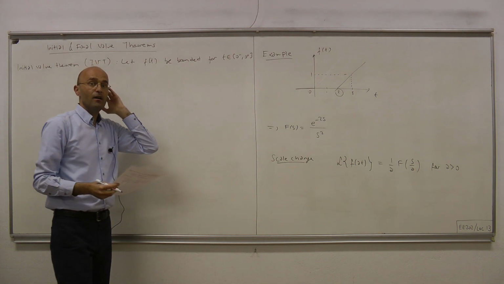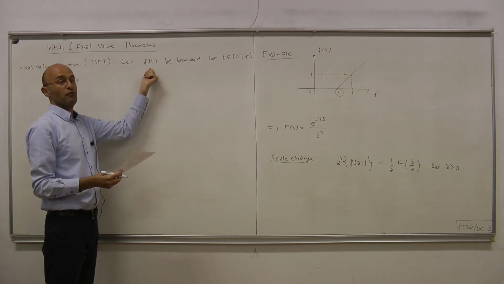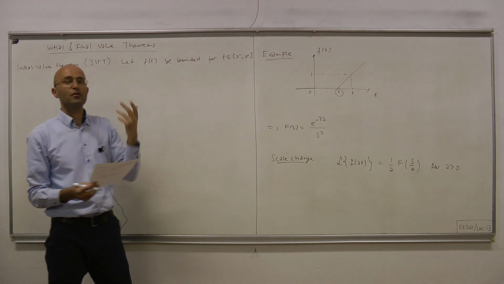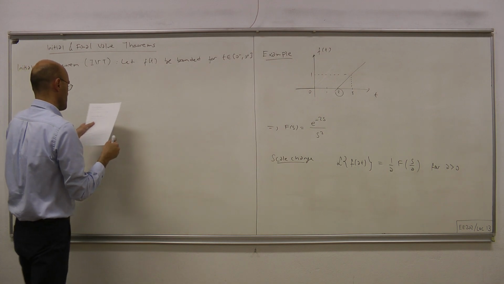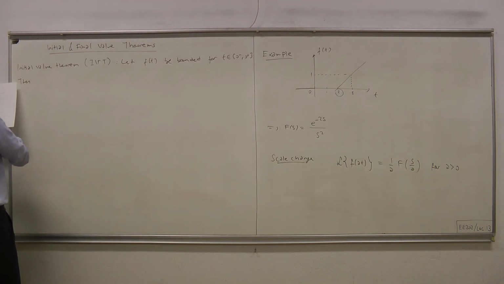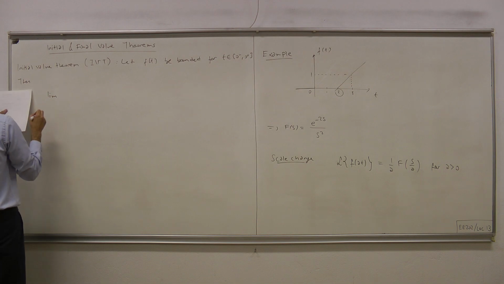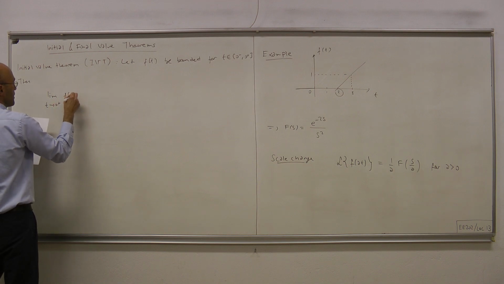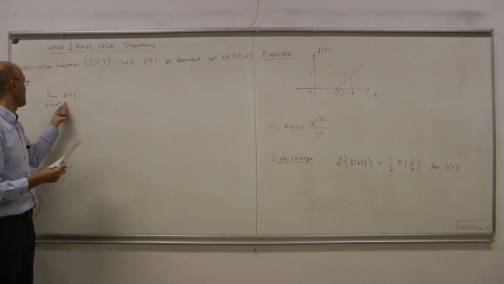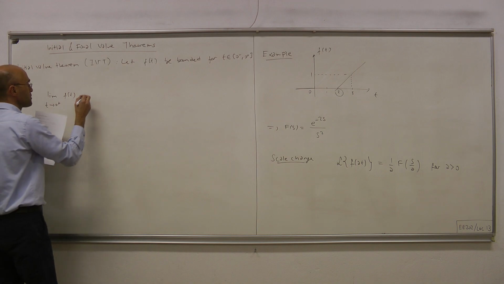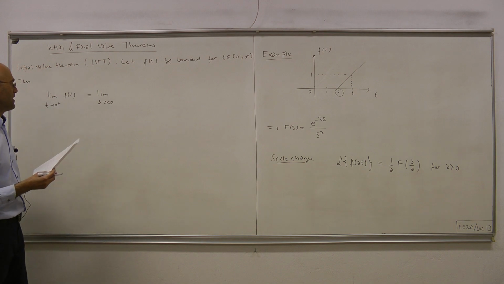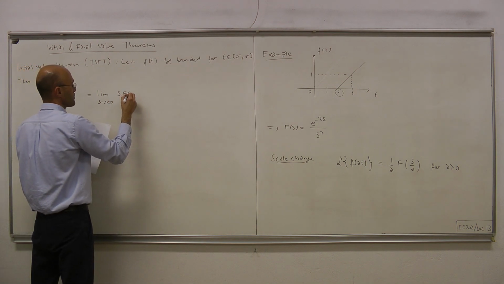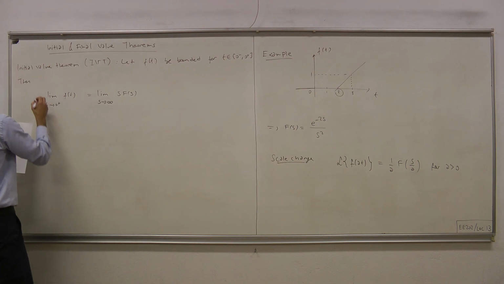One obvious example of f of t which wouldn't satisfy this assumption is the unit impulse function. But if it's not such a function, then it turns out that the limit as t goes to 0 plus of f of t, the value of f at 0 plus, can be computed through this limit: the limit as s goes to infinity of s times F of s.